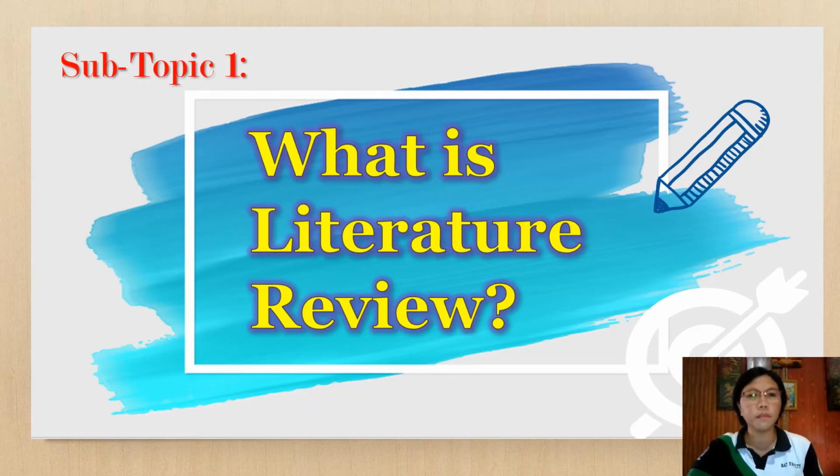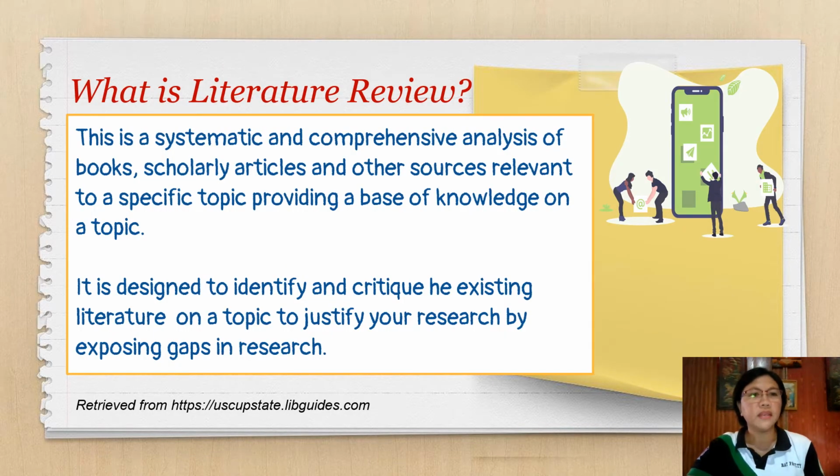For subtopic number 1, let's get to know what a literature review is. This is a systematic and comprehensive analysis of books, scholarly articles, and other sources relevant to a specific topic, providing a base of knowledge on the topic. It is designed to identify and critique the existing literature on a topic to justify your research by exposing gaps in the research.